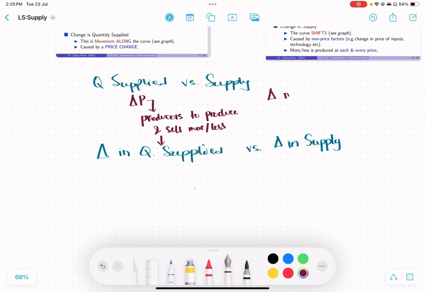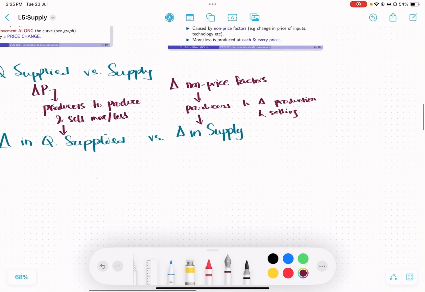On the other hand, when there is a change in non-price factors, and this causes producers to change how much they are producing and selling, well, then we say that there has been a change in supply.